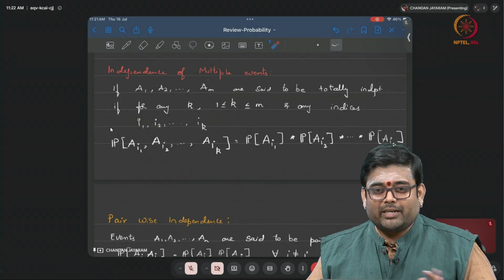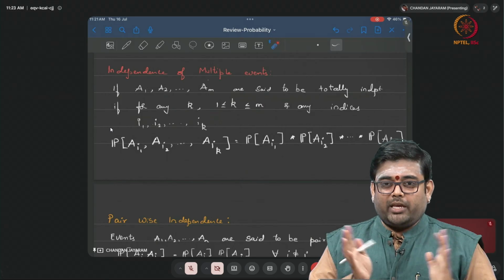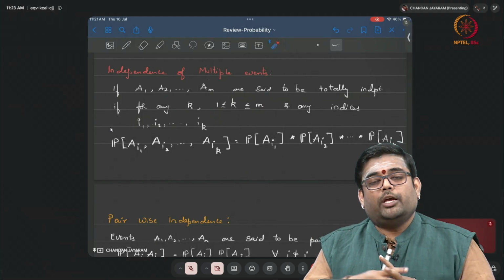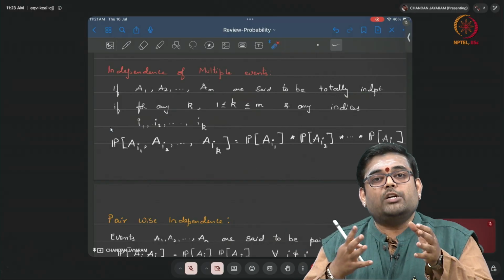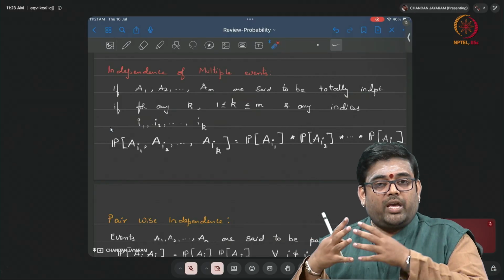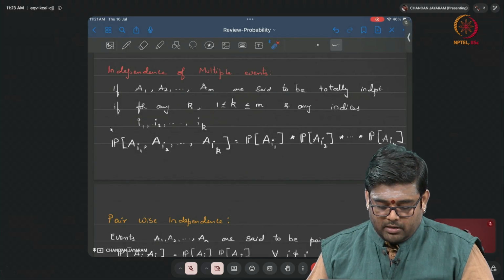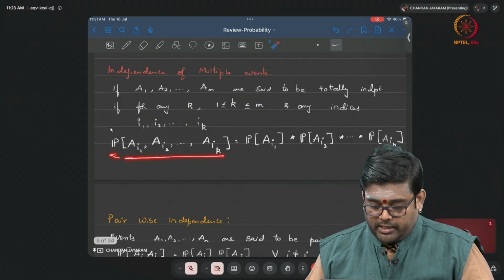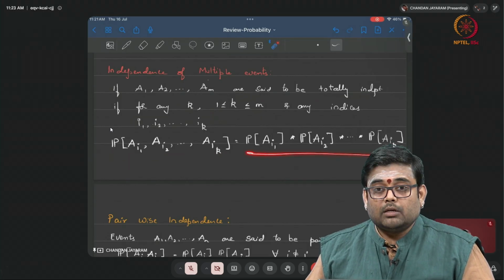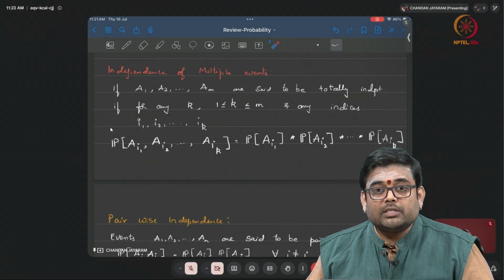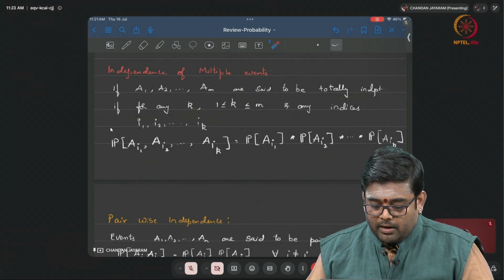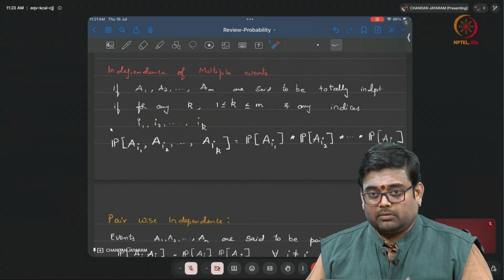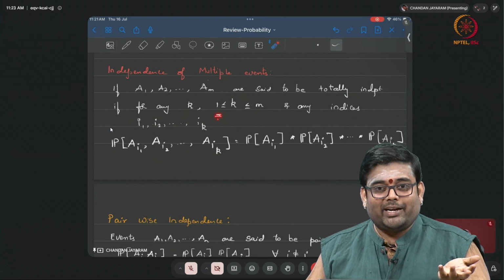What we are trying to say here is, intuitively you take any subset of A1 to AM. They have to satisfy the condition that the probability of the intersection of all of them is the product of individual probabilities. You take any k, and that k has to be between 1 and m.